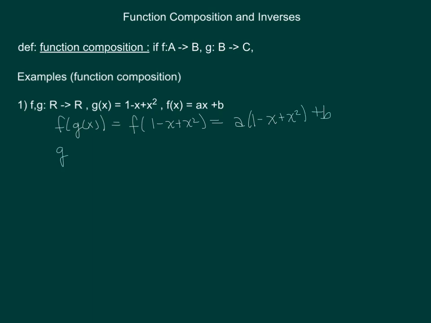I can compare that to g of f of x, which is g of ax plus b, which is equal to 1 minus (ax plus b) plus (ax plus b) squared.